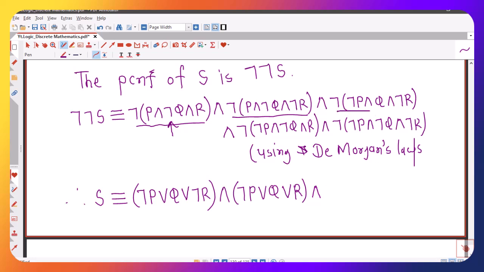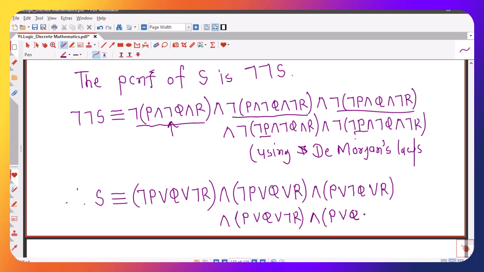AND operator, again we apply De Morgan's law here. So this is negation of negation P, that is P, or negation of Q, or negation of negation R, that is R. AND operator, negation of negation P, which is P, or negation of negation Q, which is Q, or negation of R. AND operator, negation of negation P, which is P, or negation of negation Q, which is Q, or negation of negation R, that is R. So we are repeatedly applying De Morgan's law.